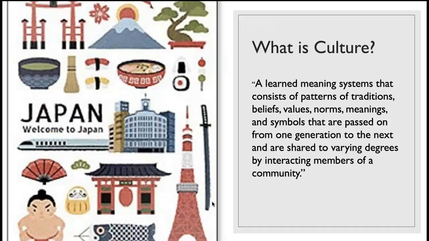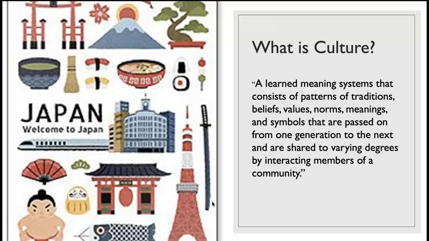So the question of what is culture. I'm giving one definition of culture here, because if you do your own research, you will see there are hundreds and hundreds of definitions. I think this one is pretty solid, because it shows that culture is a learned meaning system that consists of patterns of traditions, beliefs, values, norms, meanings, and symbols that are passed on from one generation to the next, and are shared to varying degrees by interacting members of a community.